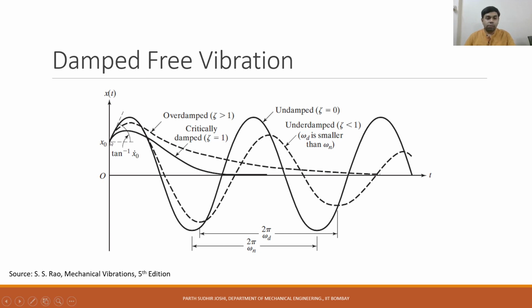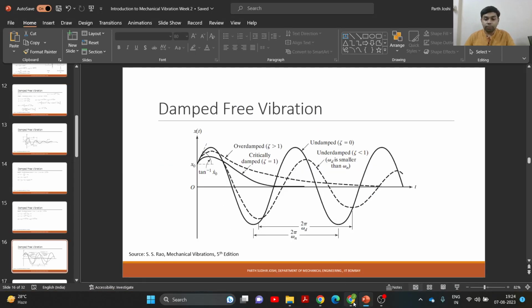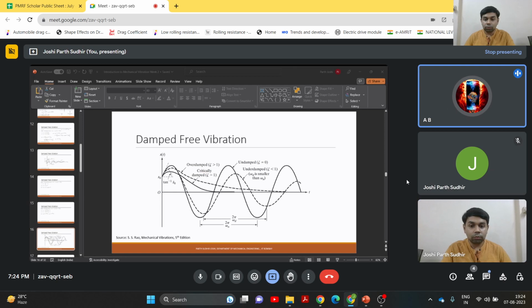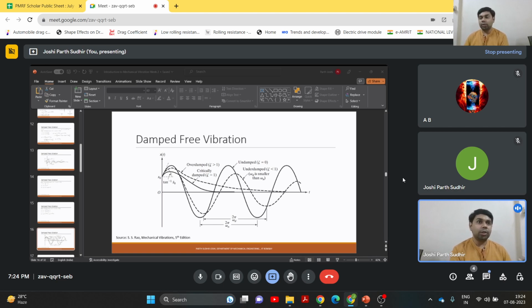Sir, what material is used in that piston and cylinder? It can be some kind of oil, which is filled inside the cylinder, and the piston has a disc called an orifice. You would have heard the term orifice. It is basically a disc which has some holes in it.